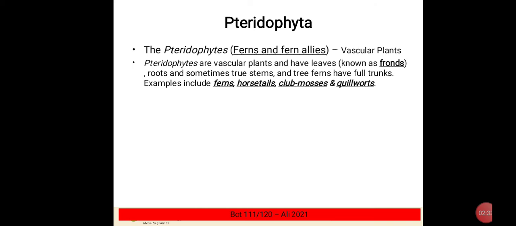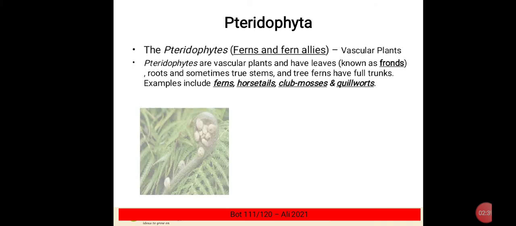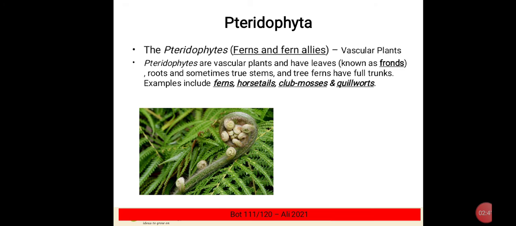You can see the examples of pteridophytes there, which are the ferns, horsetails, club mosses, and quillworts. Now, this is an example of a young frond. We say these ferns have leaves known as fronds. Now on the diagram, you can see something like a seaweed coiling with seeds in between it.